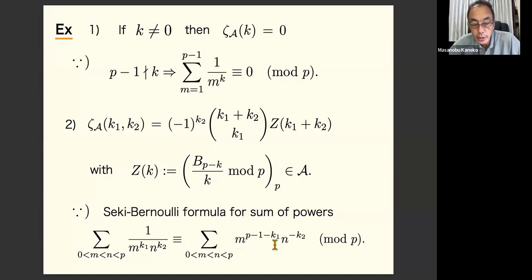And when p is big enough, this power is positive, and m is from 1 to n minus 1. So this is a finite sum of positive powers of m. We have a formula due to Faulhaber and Bernoulli for this sum of powers, and then Bernoulli numbers appear. After some computations, we end up with this formula. Okay, this formula will show up again later.